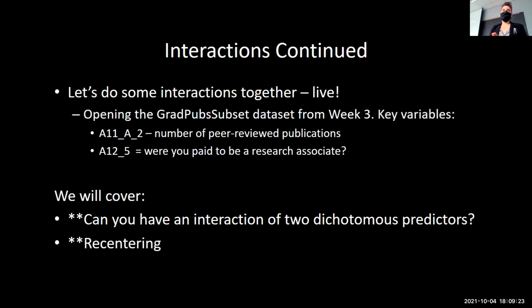I'm going to look at a couple of key variables. These aren't the only ones, but these are a few of them. I have the number of peer-reviewed publications, and I have were you paid to be a research associate. I'm going to talk about having an interaction with 2 dichotomous predictors and work on some recentering and just show you what these things look like.